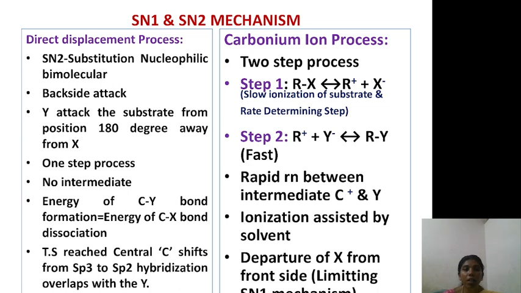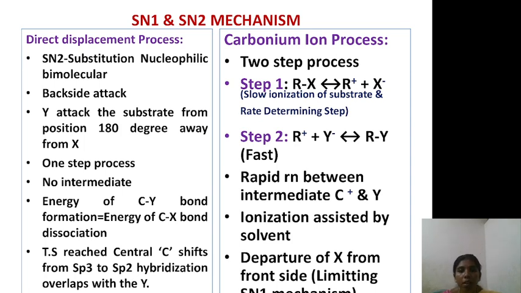So here there is no intermediate, and the energy of C-Y bond formation is equivalent to the energy of C-X bond dissociation. Bond formation is equivalent to bond dissociation. Also, the transition state is reached at the central carbon through sp3 or sp2 hybridization overlapping with the nucleophile. So these are the features of the SN2 mechanism.